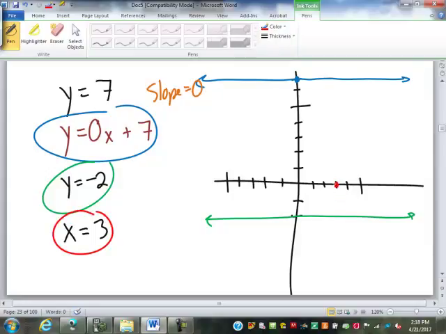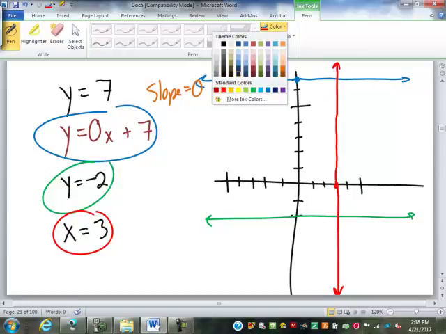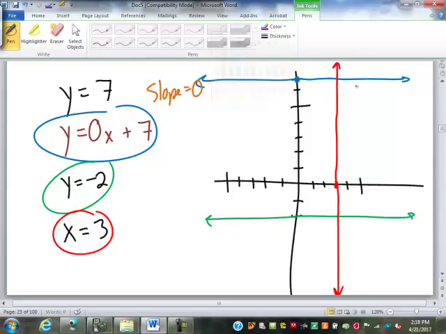Okay, yep, 3, 0 is going to be that point. And in fact, perfect. Good job. It goes up and down. So x equals 3 is a vertical line. It goes through the x-axis at 3, and it's vertical. What would the slope of that line be?